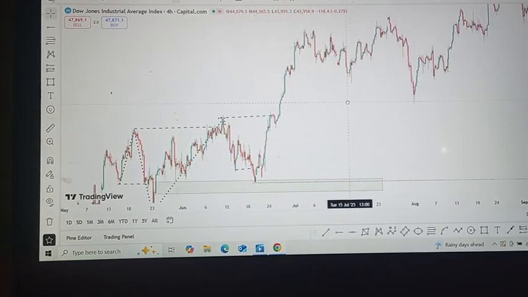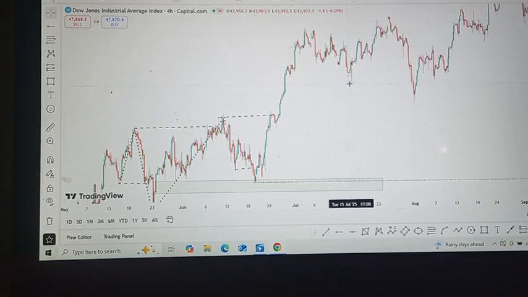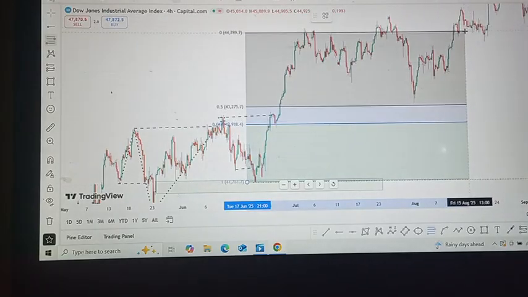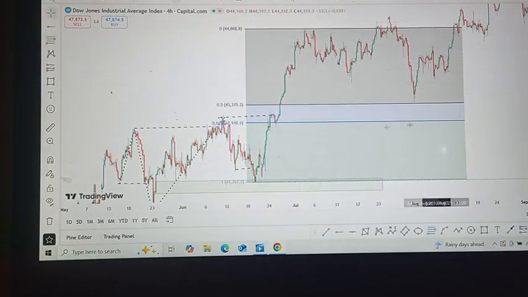But why was this pullback not respected after this break of structure? Because it wasn't below the 50%. You see, it's very far away.